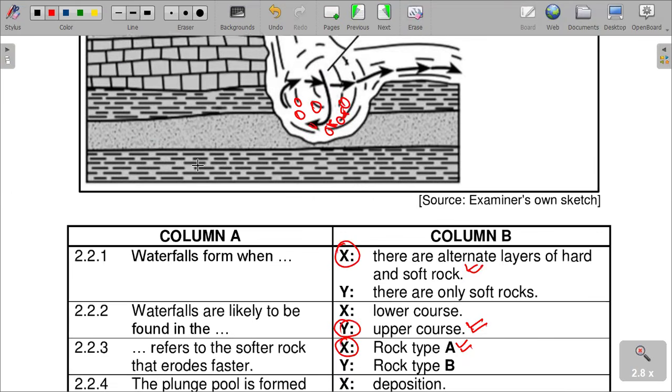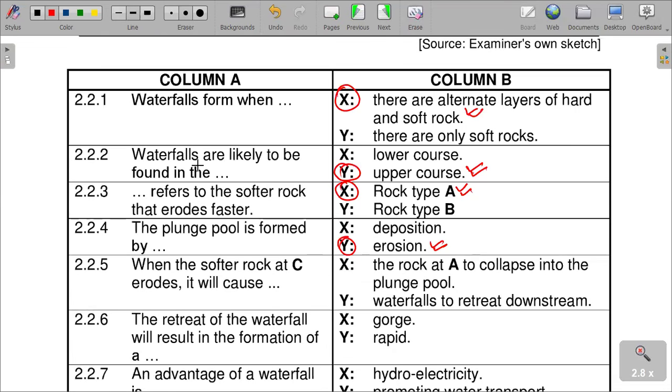The overhang that is formed will cause the rock at A to collapse into the plunge pool, which is the most correct answer. Number 2.2.5.